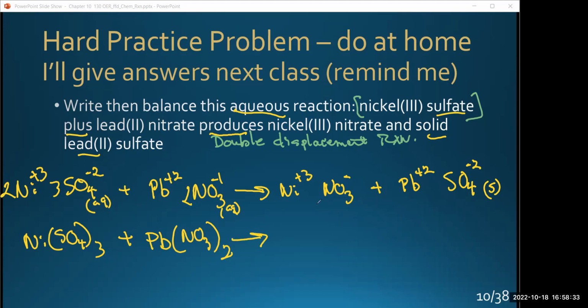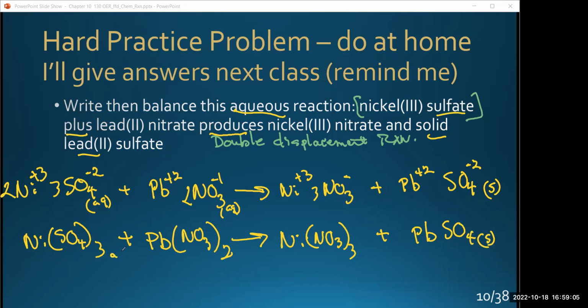Then I need nickel nitrate, which means I need 3 nitrates for every nickel +3. So I got Ni(NO3)3 plus the lead sulfate that we can put together as a 1-to-1, okay? Because it's a +2 and a -2, so I can do PbSO4, okay?